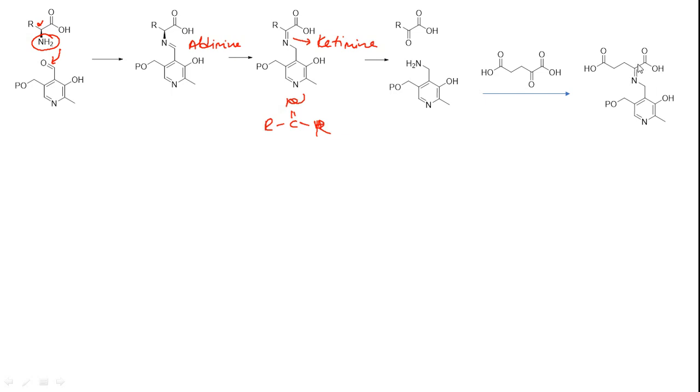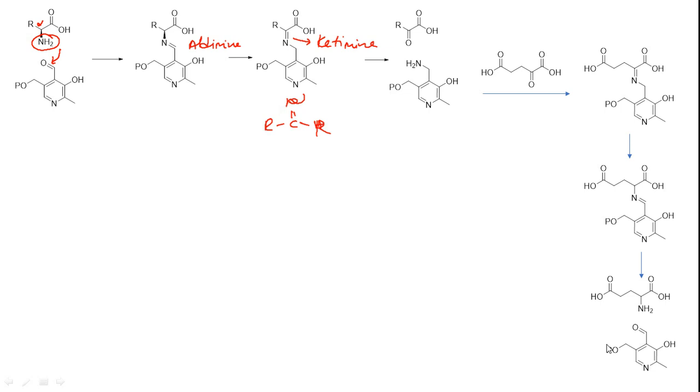What is this imine? It looks like this. Okay, it is also a ketimine. Now that gets rearranged to aldimine, then it is hydrolyzed, so the amino group is retained with the alpha keto carboxylic acid, so that glutamic acid is biosynthesized and pyridoxal phosphate is regenerated.